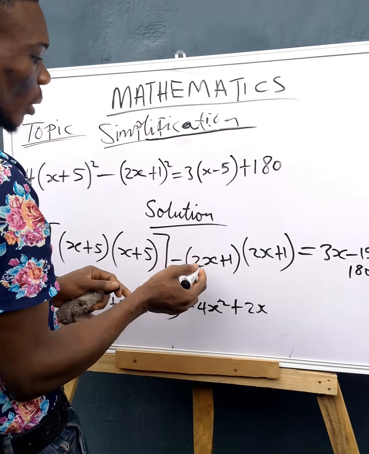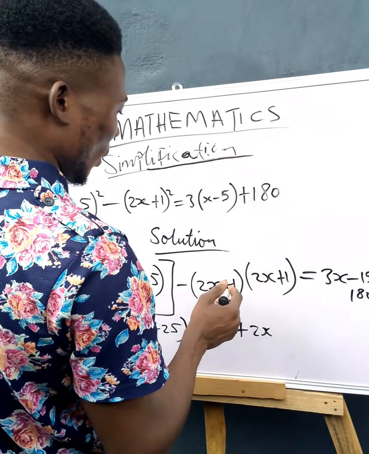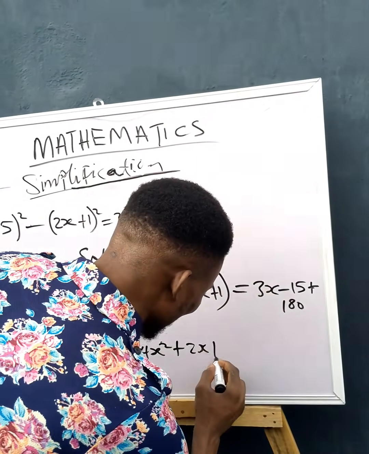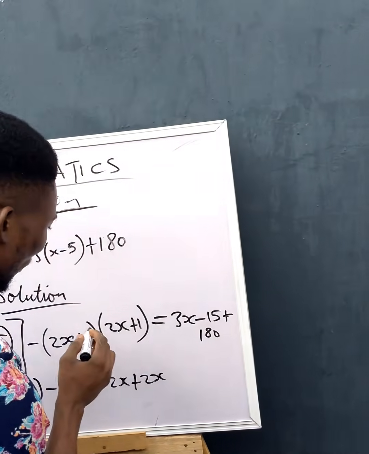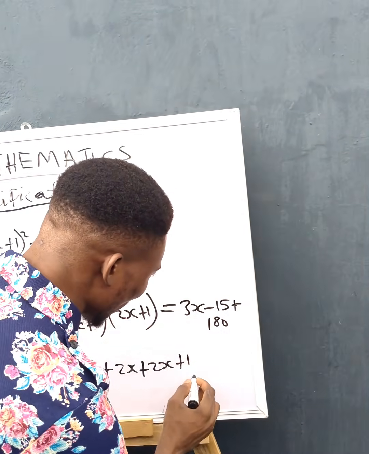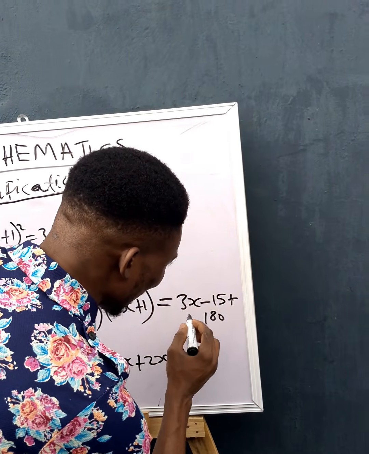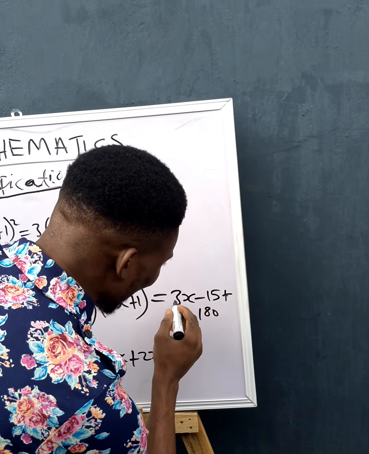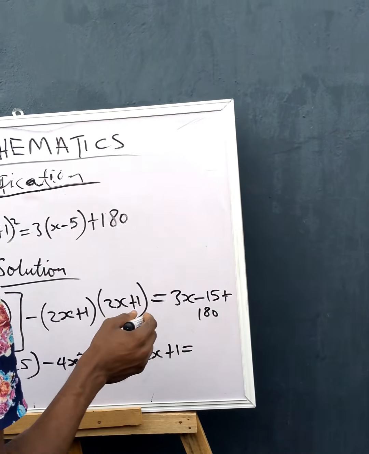Then now you are done with 2x. Then come with 1. 1 times 2x plus 2x. 1 times 1 plus 1 equals to 3x.